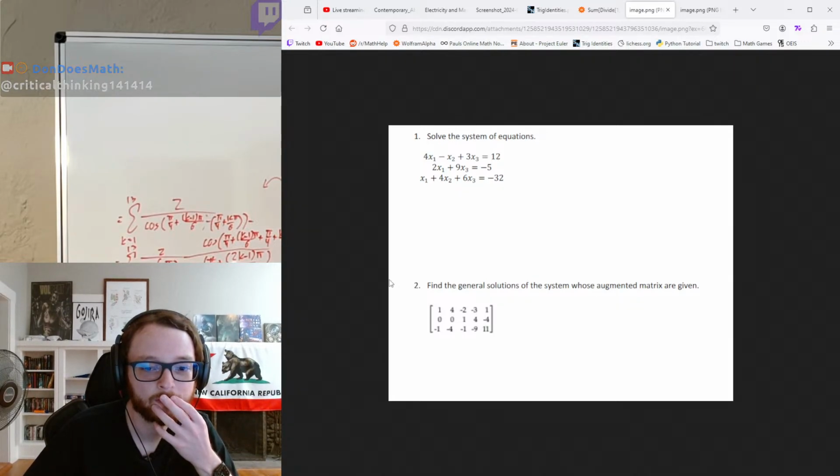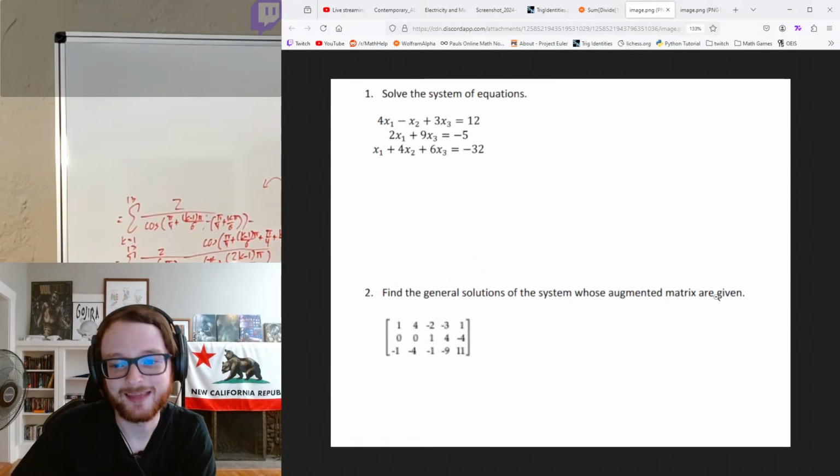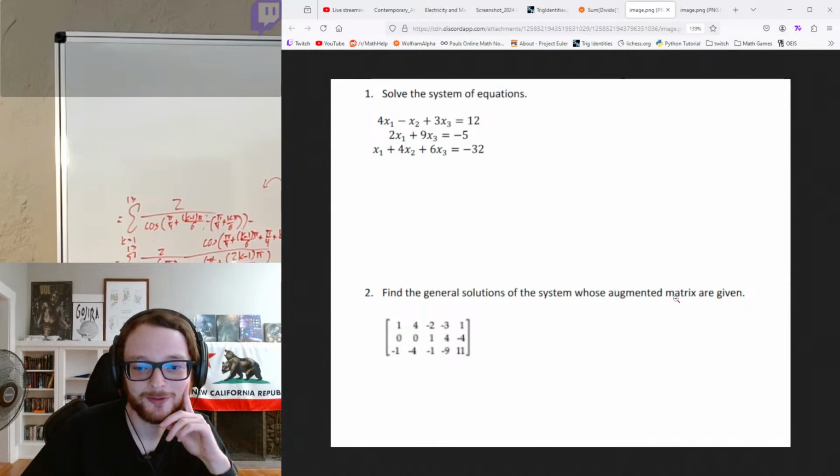The grammar of this second question is messing with me. Find the general solutions of the system whose augmented matrix are given. I think it's actually correct grammar. I think it's more natural sounding to say is given because the word right before it is singular. But I think the R refers to solutions. But no, the augmented matrix is what's being given though.